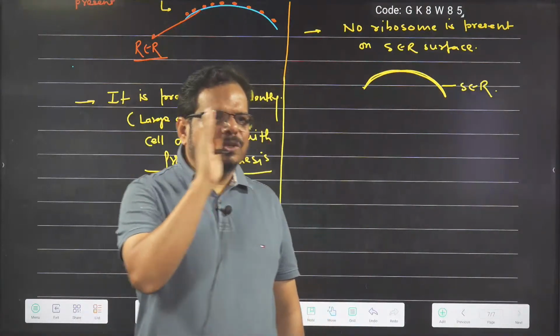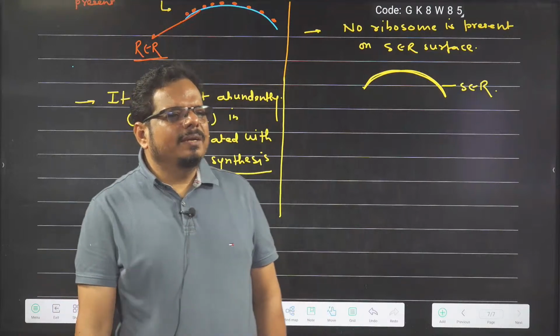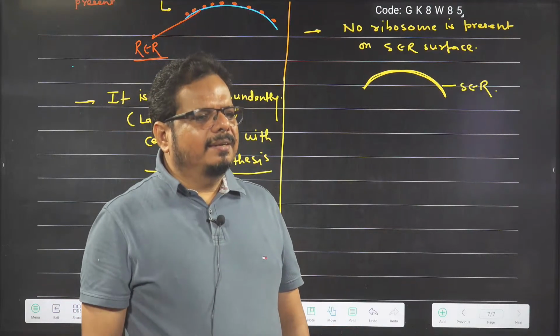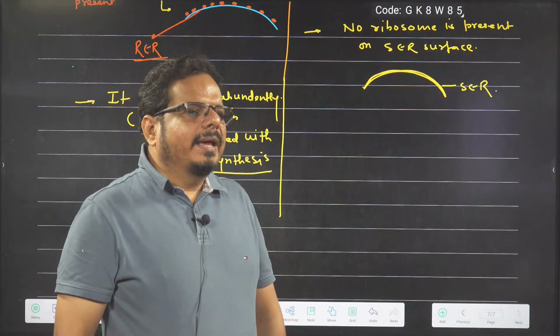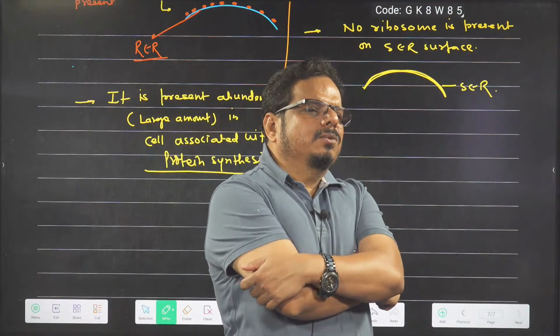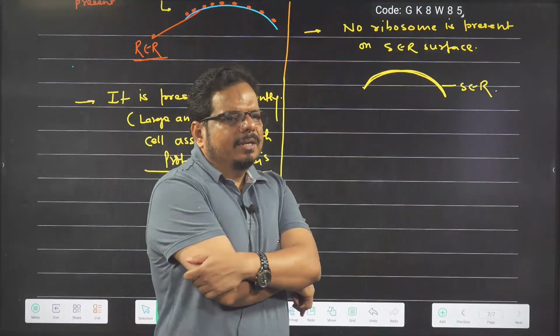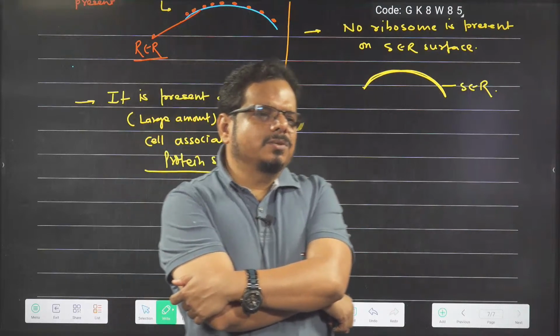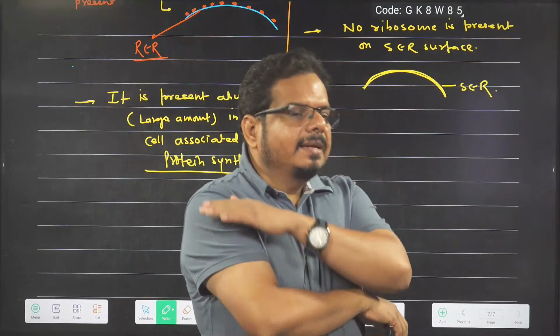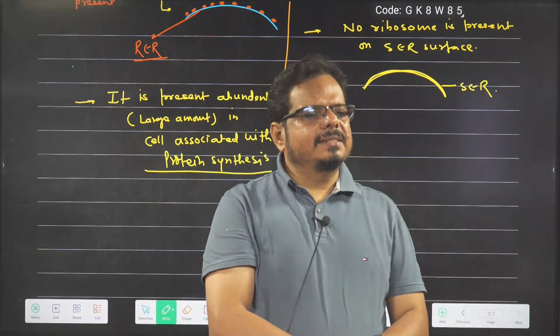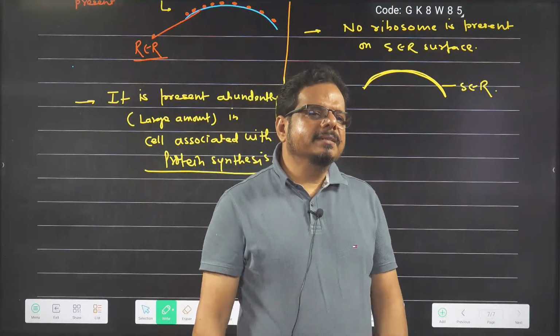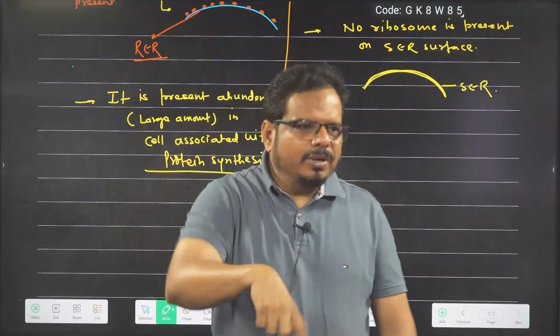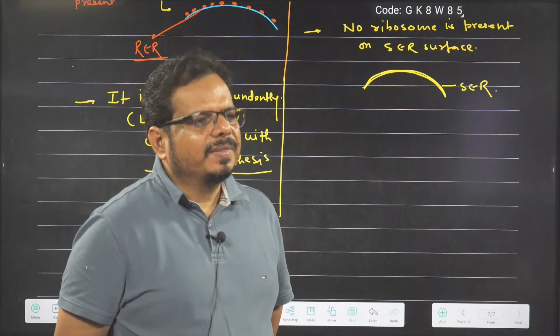Don't confuse yourself. Many times students make a mistake here while answering. When I ask which cell organelle performs protein synthesis, students answer ER. ER does not do protein synthesis. Then who does the protein synthesis? Ribosome present on ER performs protein synthesis.